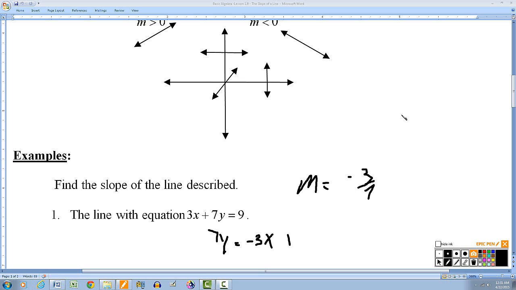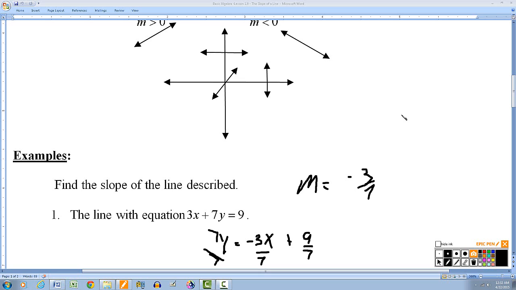Then I would divide everything by 7 to solve for y. So these 7's cancel out, so I get y is equal to negative 3/7 x plus 9 over 7. So the coefficient of the x is negative 3 over 7.